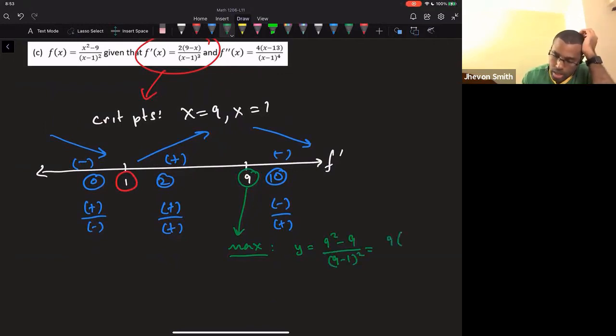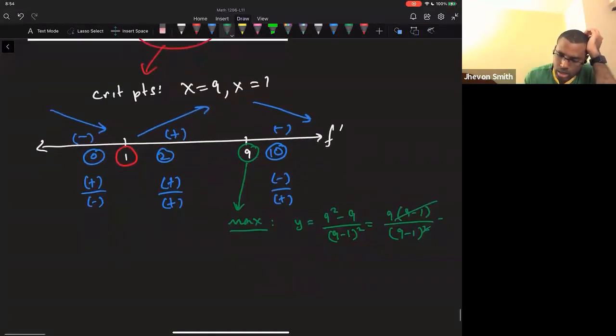That's 9 times 9 minus 1, over 9 minus 1 squared. That would cancel, so you get 9/8. So this is (9, 9/8).